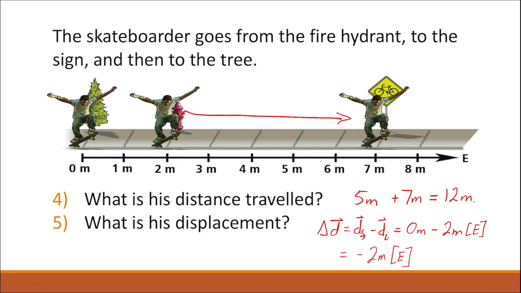Another way to think of this, he travels 5 meters to the east, and then he travels 7 meters to the west. We cannot add east and west, so we must change this to minus 7 meters east. Notice 5 minus 7 gives us minus 2 meters east, the same as what we had before.